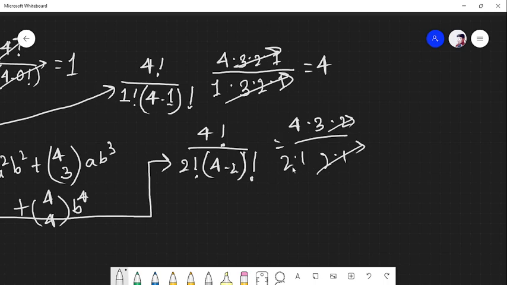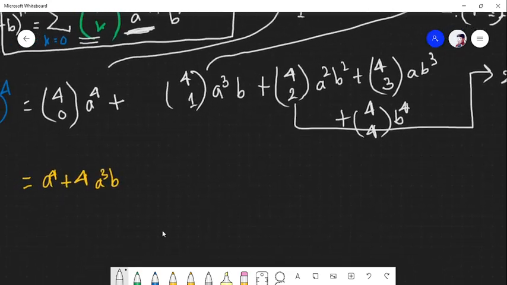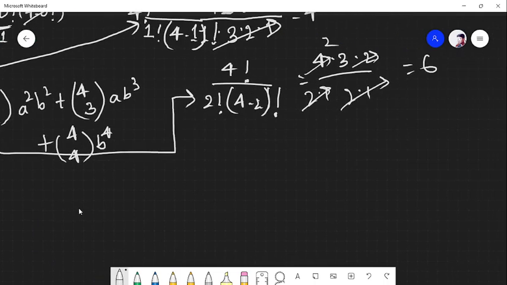So we can cut them down here. 2 into 3 is 6. So here our coefficient is 6. 6 a squared b squared plus, now just 2 more to go.